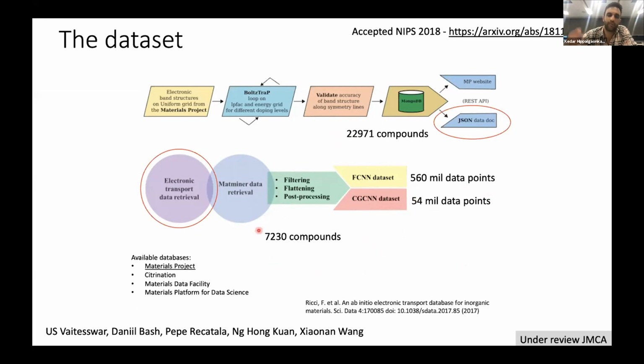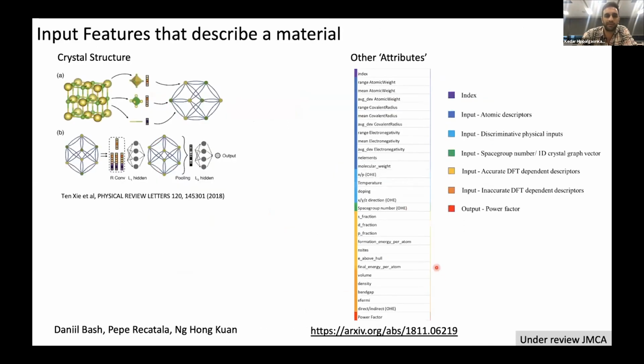For example, from our knowledge, we know that metals have a very low Seebeck coefficient because the asymmetry of the density of states is very low. And hence, we discarded those that have low band gap, which actually turns out to be really good because, as you can imagine, the low fidelity databases like Materials Project are not very good at predicting compounds that have low band gap because of spin-orbit coupling. So we ended up with only 7,000 compounds or so that we used in the final database.